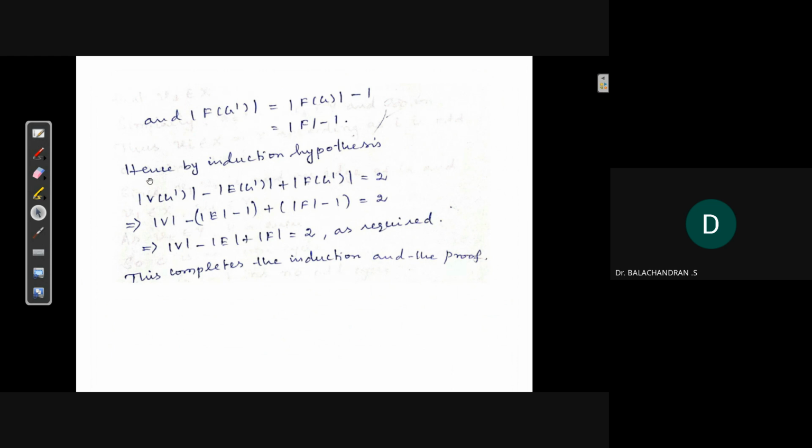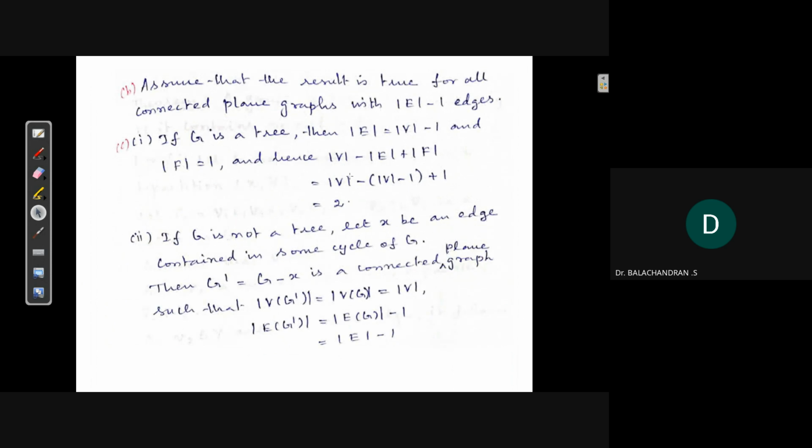So by the induction hypothesis, G dash has how many edges? G dash has cardinality of E minus 1 edges, and hence Euler's theorem is true for G dash.